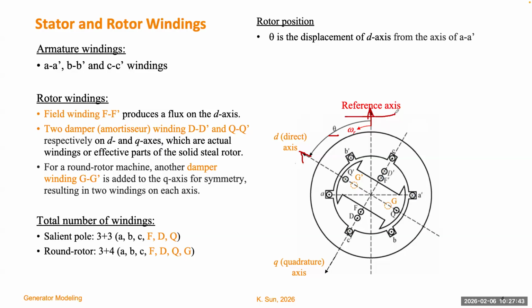For this generator, by default, we can just assume this common reference is in parallel with the axis of A at time 0. But what is time 0? It's just any time you start counting. But this reference frame is not stationary. It's changing together with the rotor at the speed of the rotor speed.